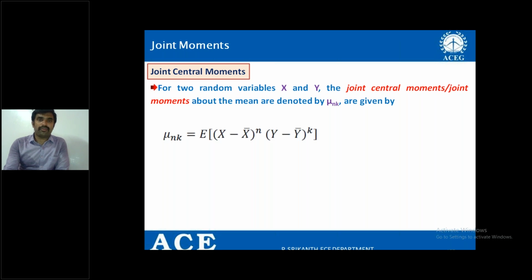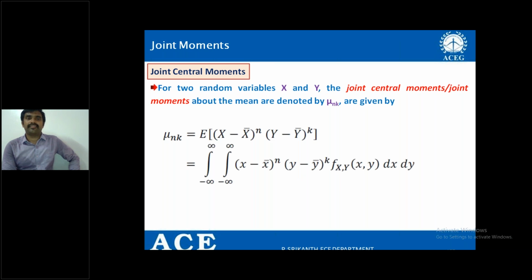Similar to the single random variable case, where we took mu suffix n equal to expectation of (x minus x bar) whole power n, now another term is added here, (y minus y bar) whole power k.